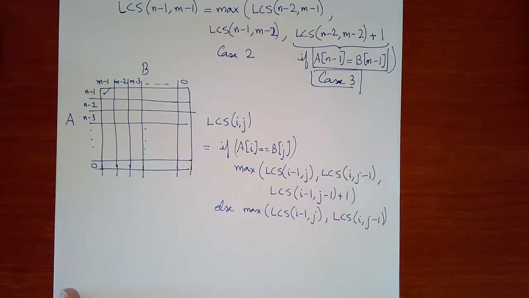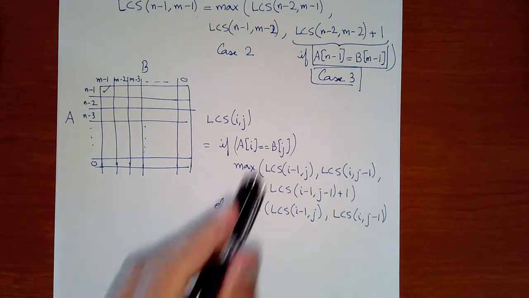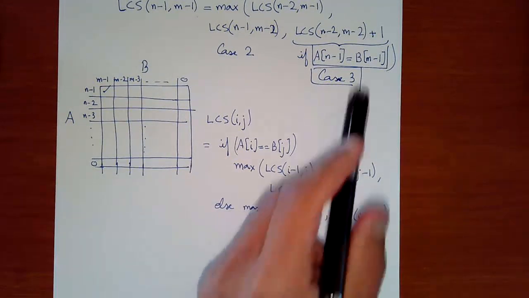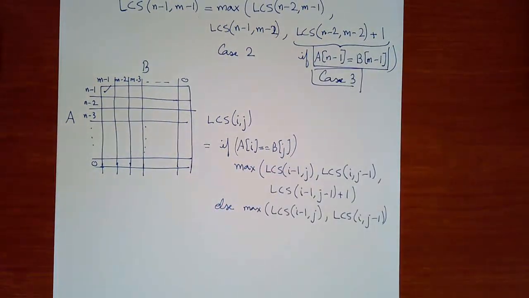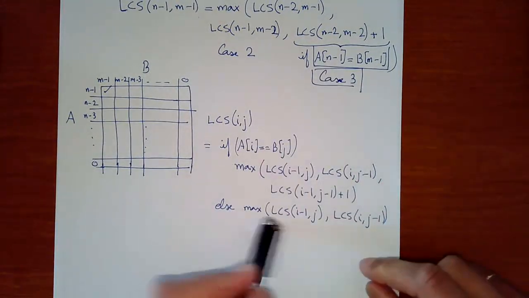Could you just have LCS take strings and return a string and then compare the length, or use max on the length of those strings returned? You could use max on the length of the strings returned and then just append to the LCS. In case 3, you have to append the last character to the LCS returned.